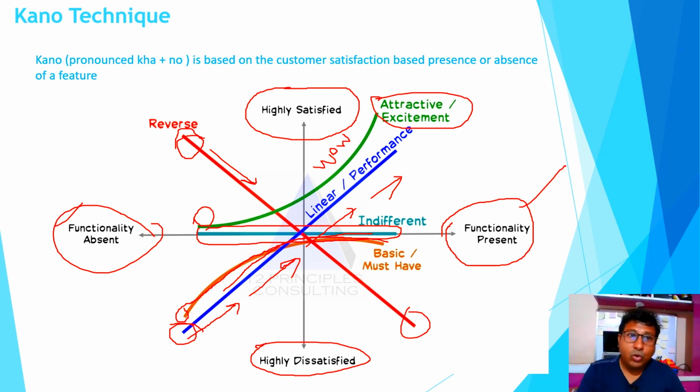Okay, so this Kano technique is a very good and useful technique when a PO or business analyst is getting into a discussion or conversation with the business users to understand their satisfaction level, their need, and based on that they decide the features and get them prioritized.